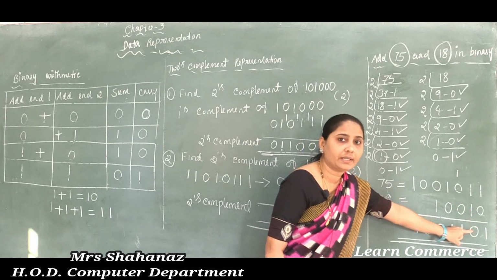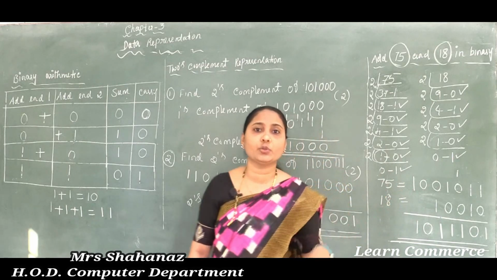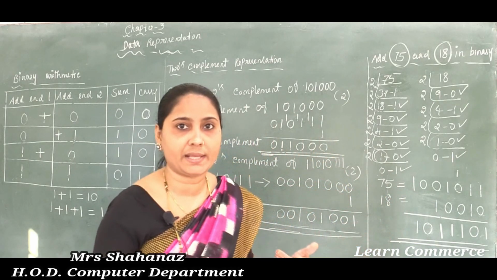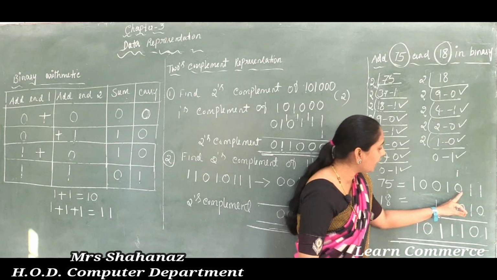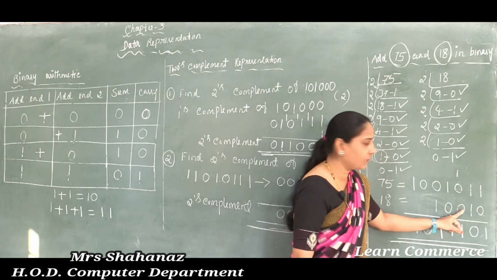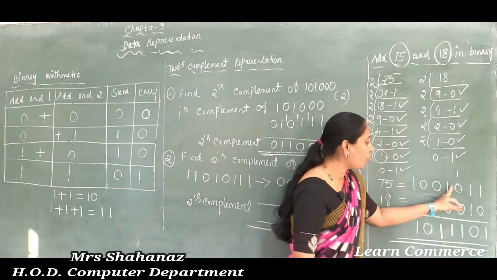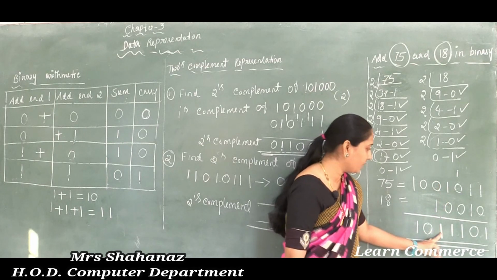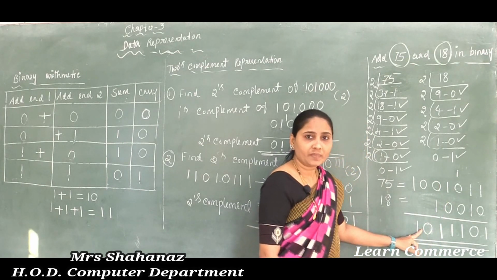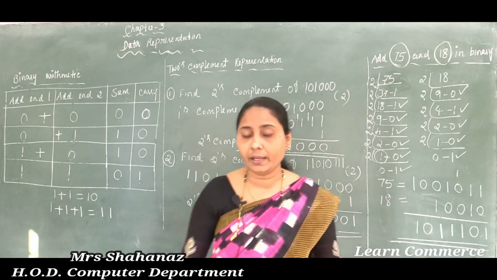So we need to write a 0, and the 1 we need to take to the next place, the carry place. Clear this one? And later the next value is 0 plus 0, the value is 0. Now the carry 1 is left. So I completed here. So 1 plus 0, the value is 1, 0 plus 1, the value is 1, and finally 10. So this is the answer for the numbers 75 and 18.